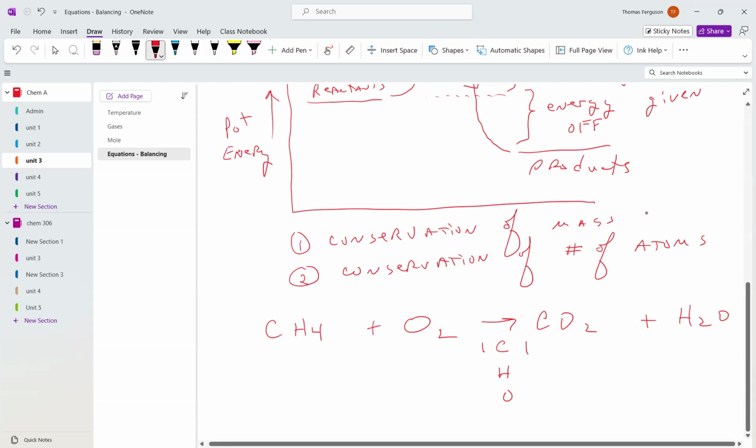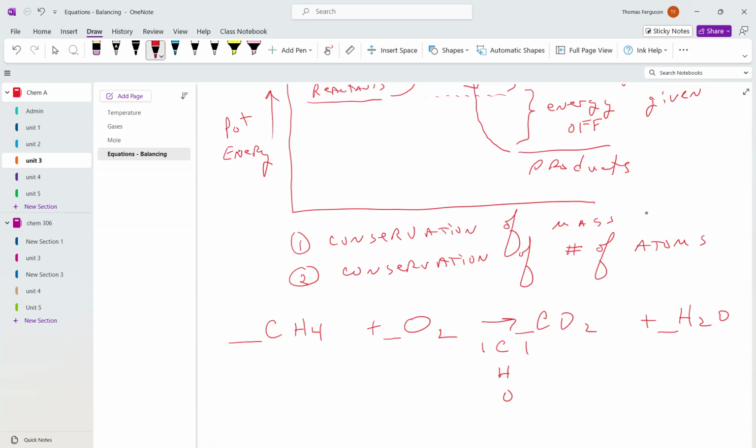Looking good. Now, a few little bookkeeping things here. There's a number out front here that is not listed. That's because it's 1. So if you like to go in on your equation and put 1s there, that's fine, so you're consistent. Normally, chemists don't put 1s there.